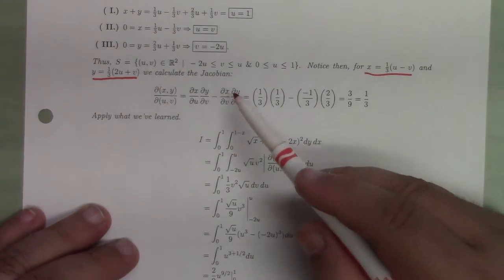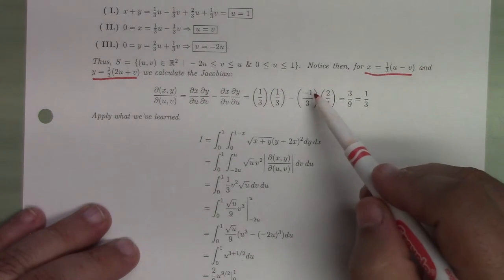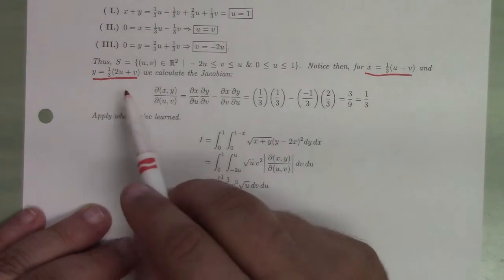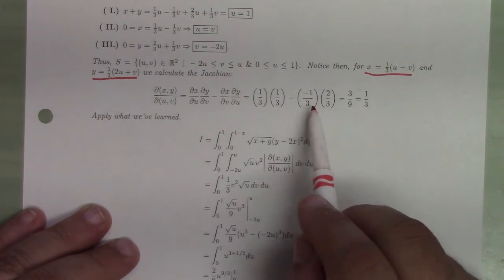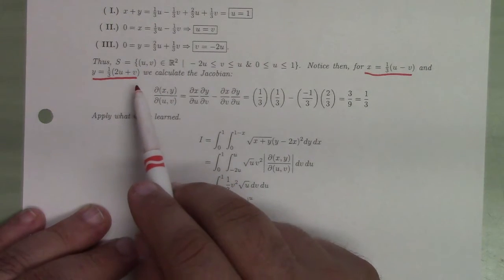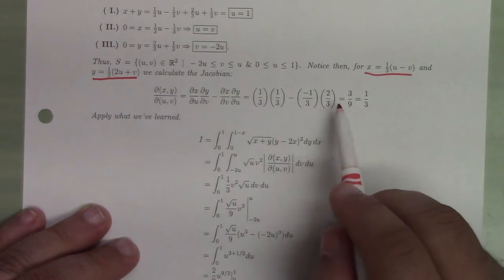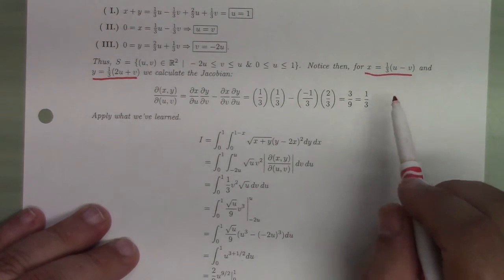So partial x partial u is 1/3, partial x partial v is minus 1/3, partial y partial u is 2/3, and partial y partial v is 1/3. And so that works out to 1/3.